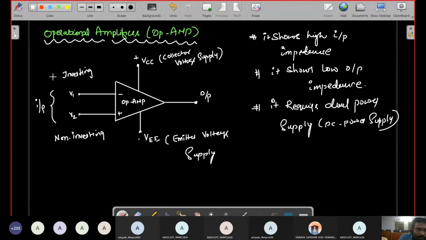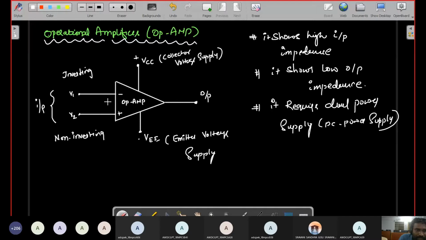Now we will discuss what are inverting and non-inverting modes. First of all, if you give any input signal to the inverting terminal, then obviously we have to connect the other terminal to ground.